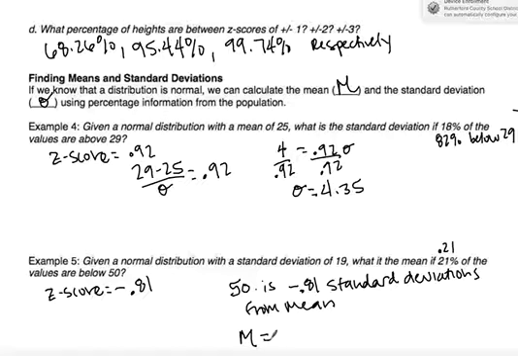Therefore, the mean would be equal to 50 plus 0.81 times 10, because it tells us a standard deviation of 10. Not 10, 19.